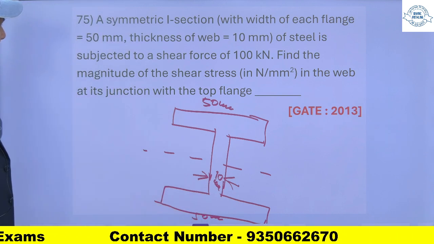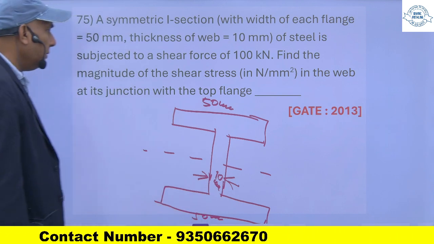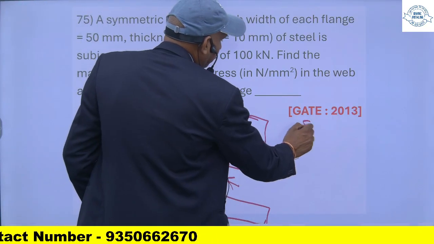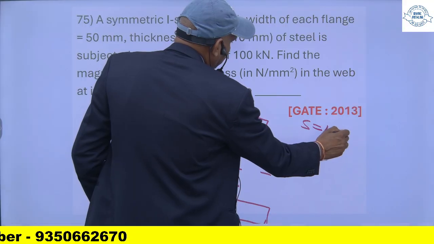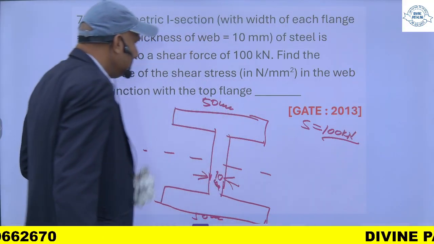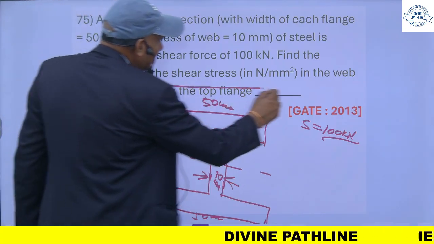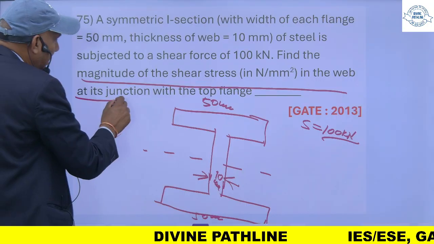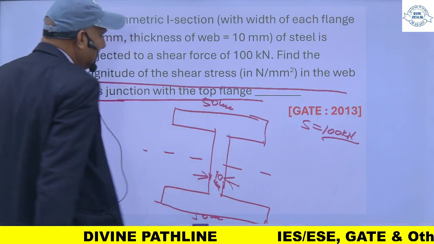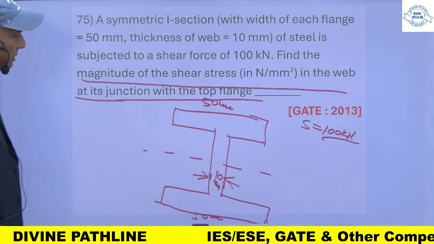The steel section is subjected to a shear force of 100 kilonewton. Find the magnitude of the shear stress in the web at the junction with the top flanges.